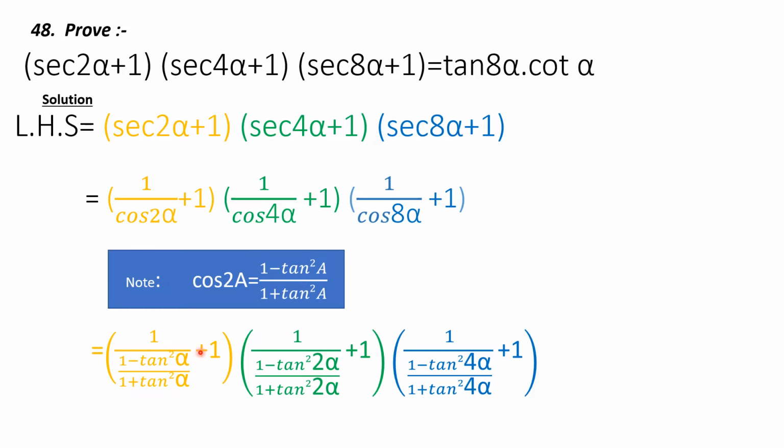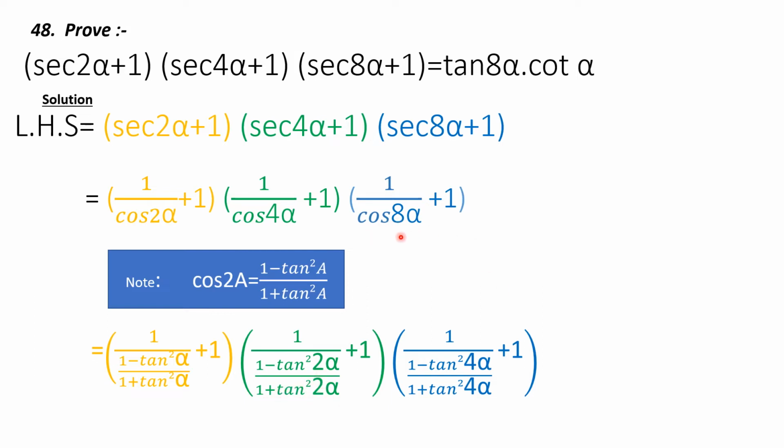this one for the first case, because cos 2 alpha is 1 minus tan square alpha over 1 plus tan square alpha. Now here is cos 4 alpha. Cos 4 alpha is cos 2 into 2 alpha. Let's assume 2 alpha as a. So again we can write this as 1 minus tan square 2 alpha over 1 plus tan square 2 alpha.